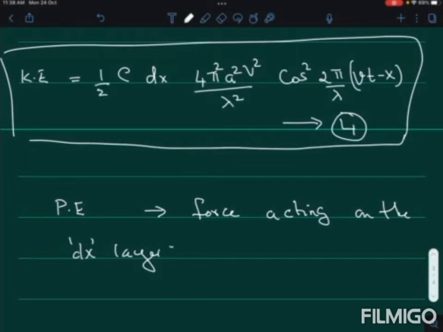So what is the force? According to Newton's second law, F is equal to mass into acceleration.